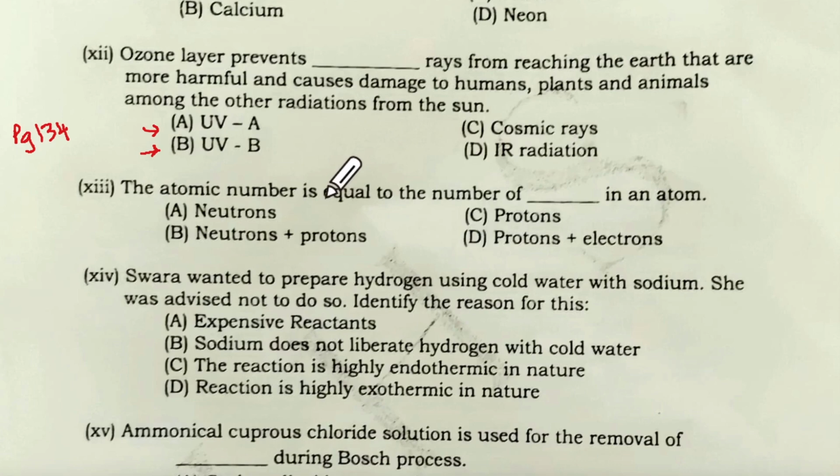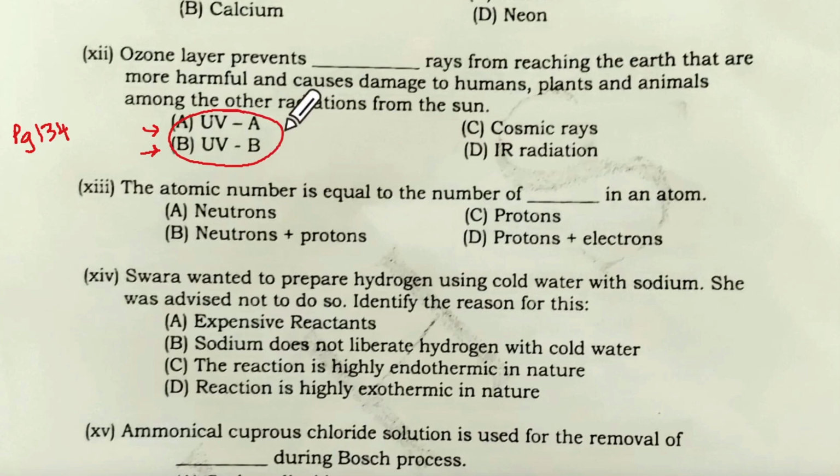And infrared. They are preventing these from reaching the earth. Those that are more harmful and cause damage to humans along with the other radiations from the sun. D option? How D option? Infrared is not blocked. It is blocking these, right?